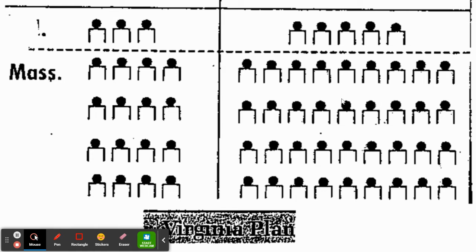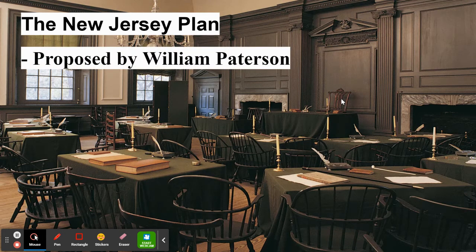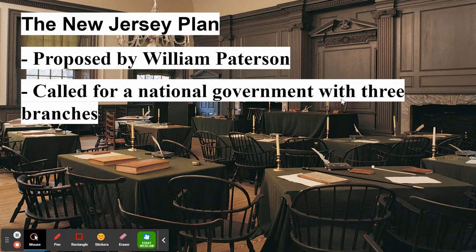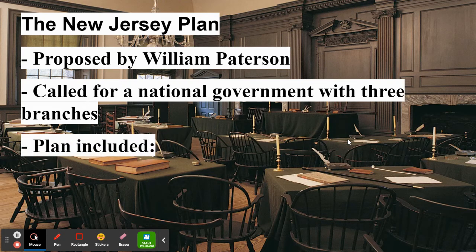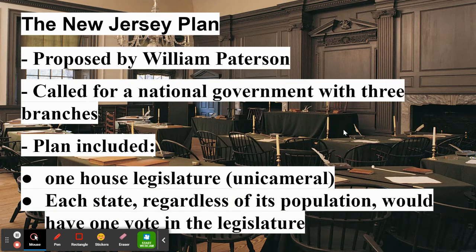Now, smaller states were opposed to this plan, and they developed the New Jersey Plan, proposed by William Patterson. It also called for a strong federal government with three branches. The New Jersey Plan included a one-house legislature, a unicameral legislature, and representation would be equal.